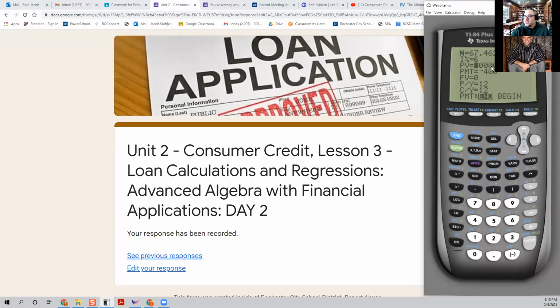Make sure the present value is 20,000, and then make sure the PMT is negative 400. Once you have that, go over to N and press alpha, enter. Alpha, enter, and this thing will solve this problem for you. That last one. So that's how that's done. And of course, I recorded the session, so if you can't remember, you can always watch the video.